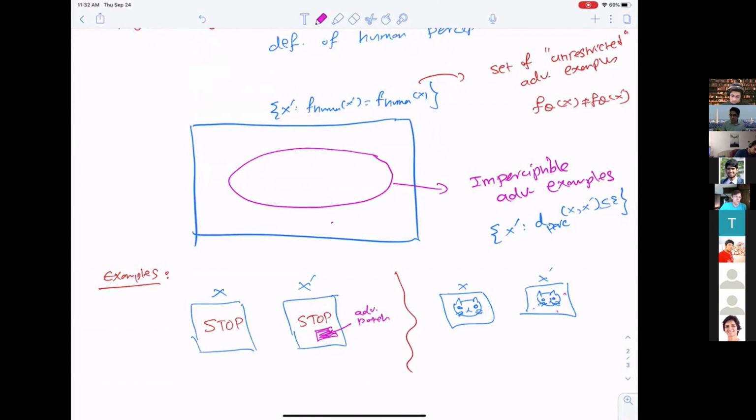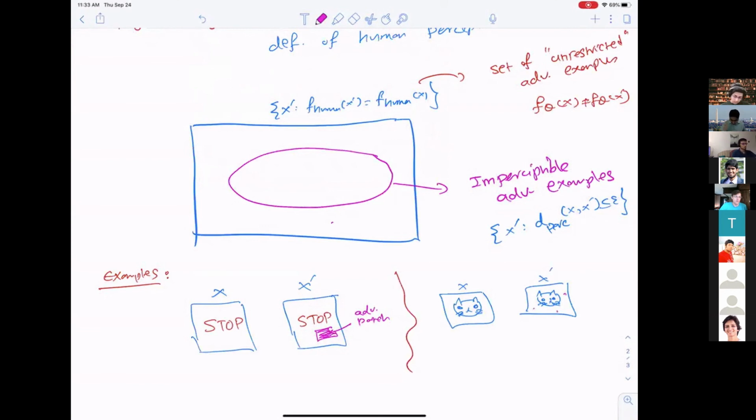And humans would not tell the difference between X and X prime. And obviously it is a stronger condition. Because the humans won't be able to tell the difference, the true label of X and X prime will be preserved. Okay.